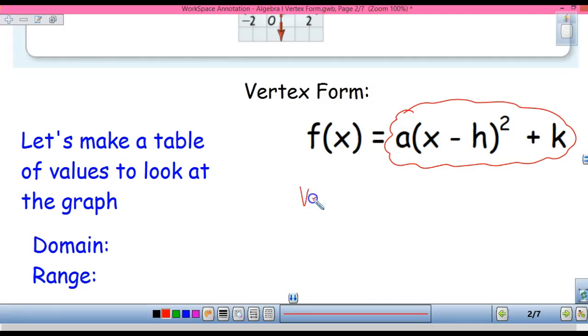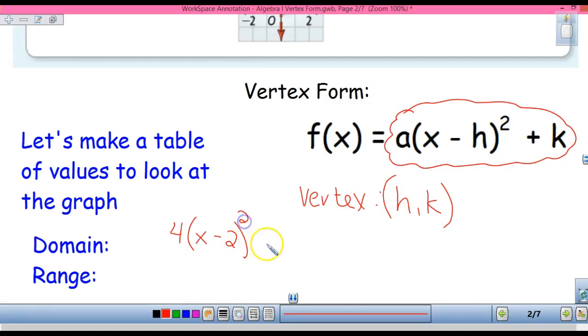Our vertex is h, comma, k. So those will be numbers. H and k will be numbers, and our vertex will be h and k. So if I have, let's say I have 4 times x minus 2 squared plus 5.